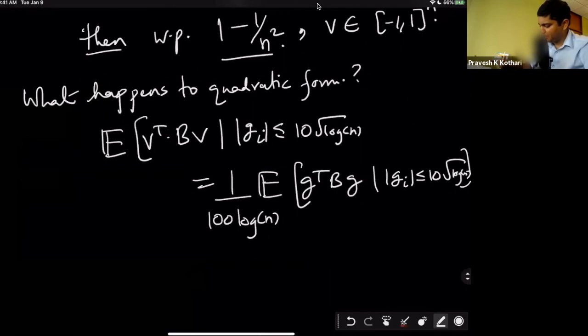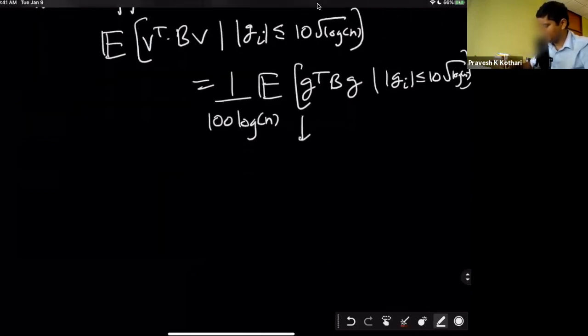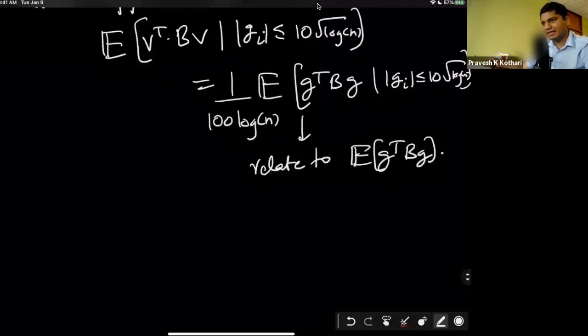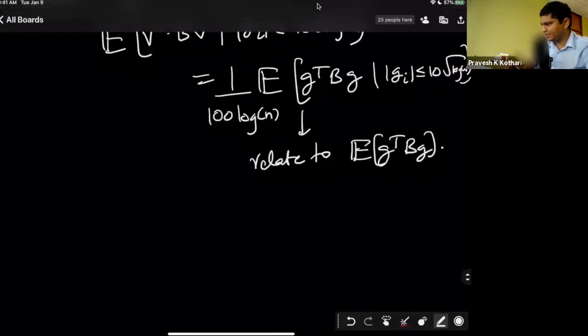But the point is that the conditional expectation of v transpose B v is going to be within some 1 over O of log n of the conditional expectation of G transpose B G. So the only issue is how I relate this to the expectation of G transpose B G, because that's what I'm trying to compare it to. That's my target value. And so this is mostly an exercise in making sure the errors track.